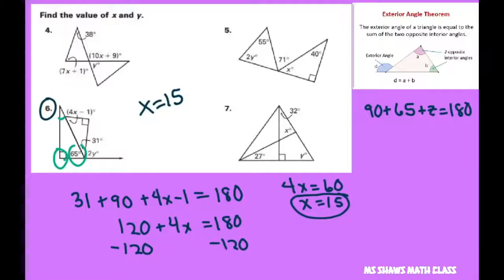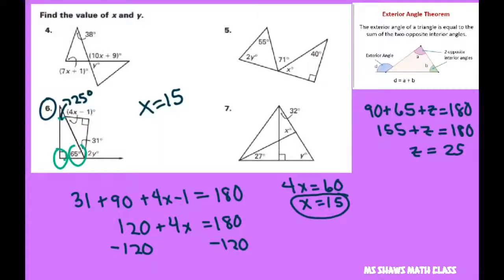So 90 plus 65 is 155, plus z equals 180. When you subtract 155 from both sides, you get 25. So this is 25. I don't think we needed to do that, but we did it.